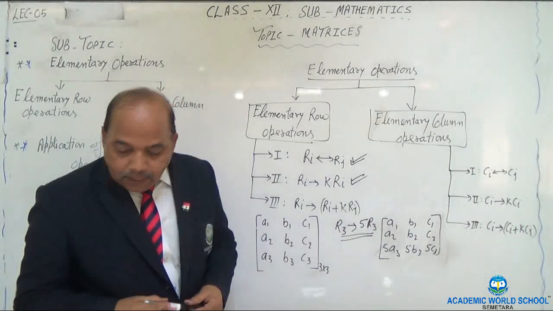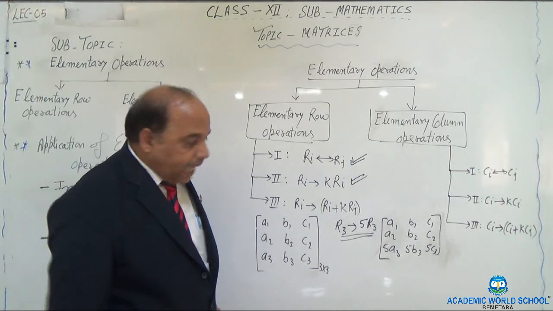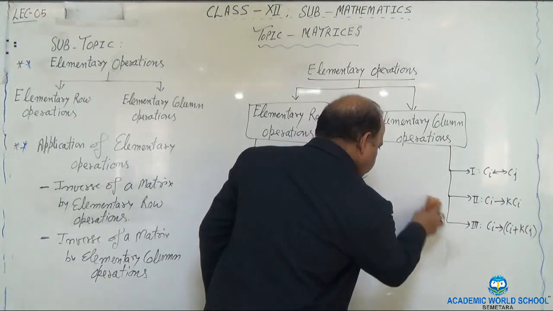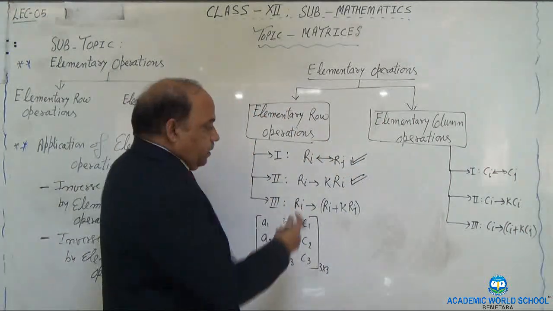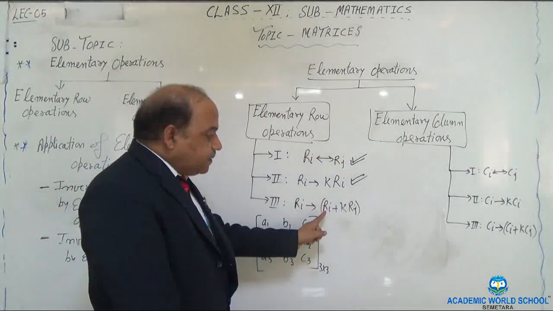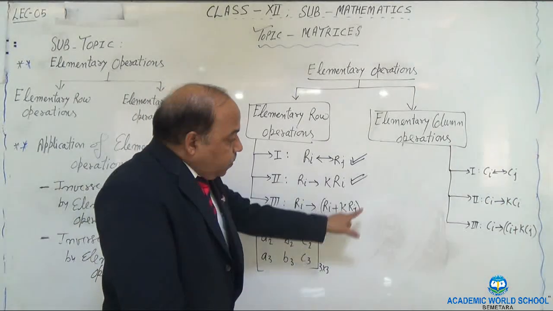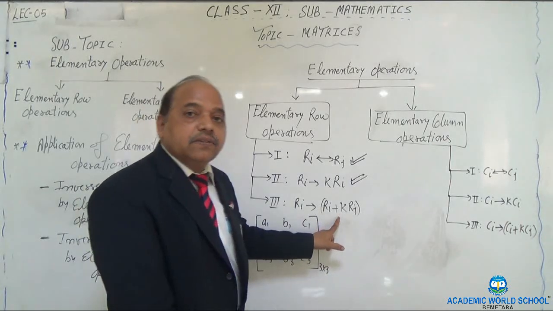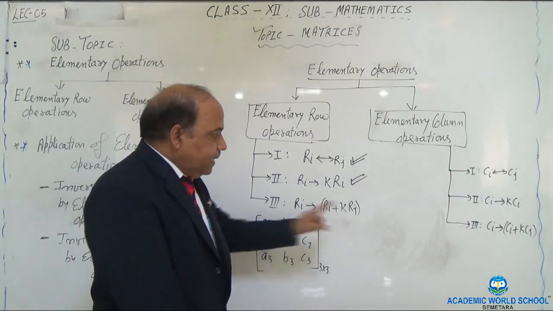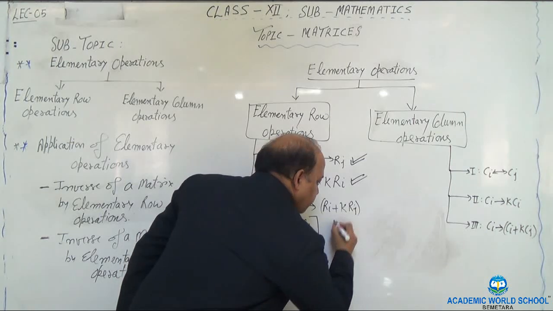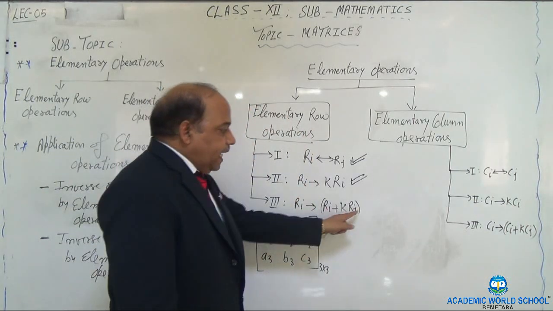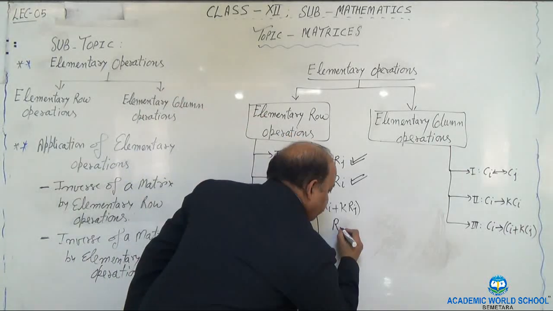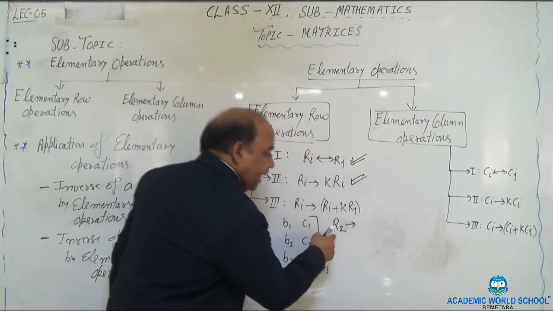Now see the last one. This last one says we can add elements of the ith row to the jth row's elements after multiplying by a constant. What does it mean? Let's say we are making a change in the second row.